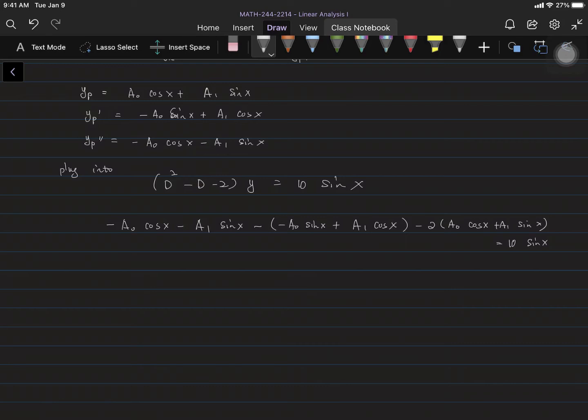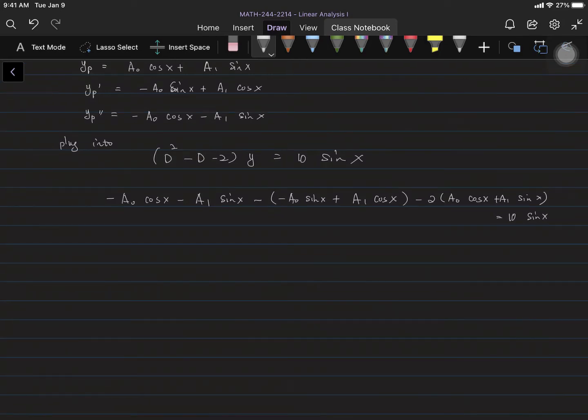Now we are going to combine all the sine terms and all the cosine terms on the left side. Cosine terms: one cosine, cosine, and cosine.